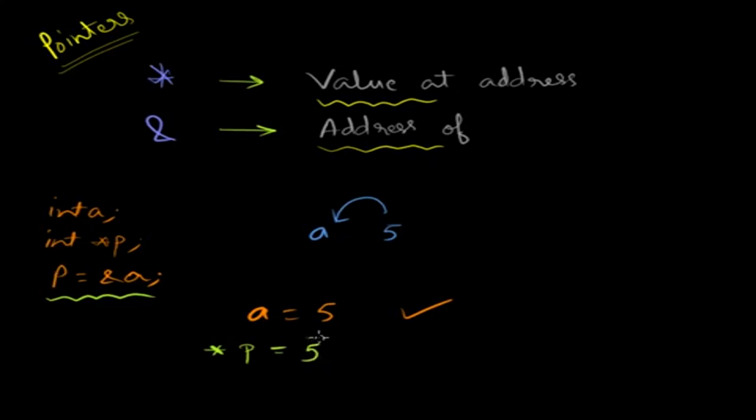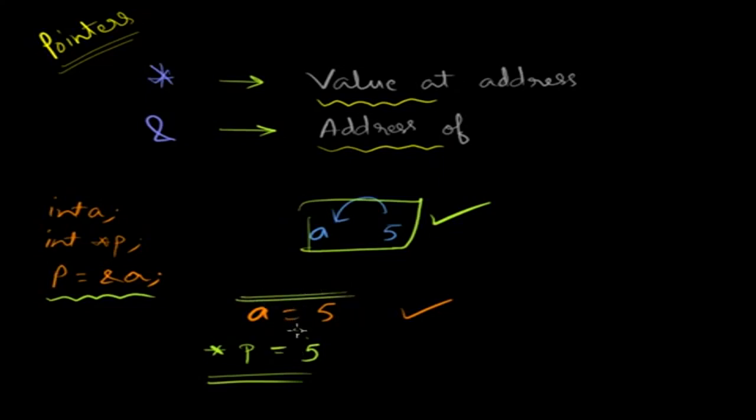This also does the same thing. You are actually saying that value at address of a is 5. So ultimately 5 gets stored in a.